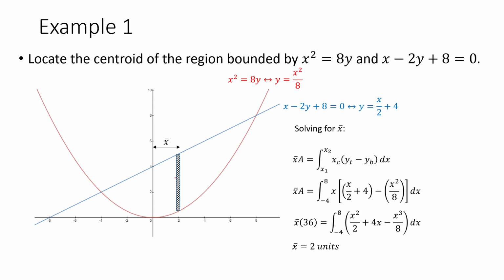So going towards the centroid of the differential area, it's not bar x but just the x distance. So our x sub c became x because we have measured the distance going towards the centroid of your differential area as x units, right?